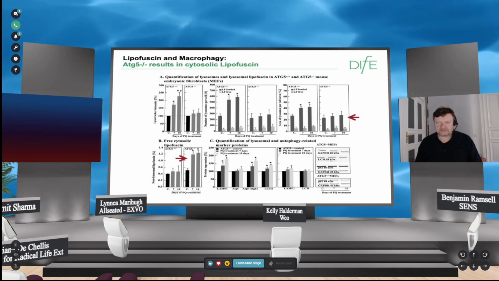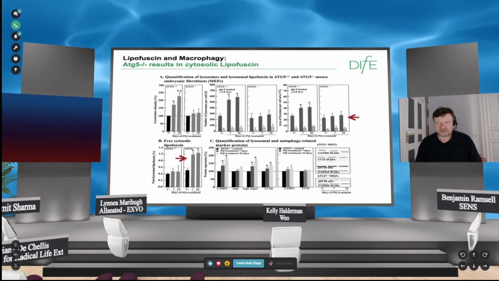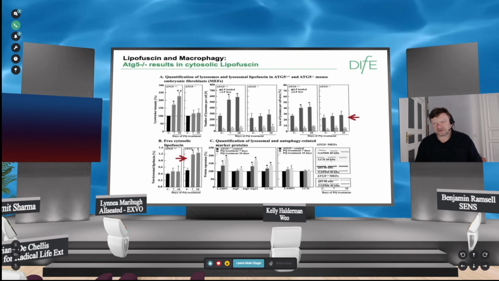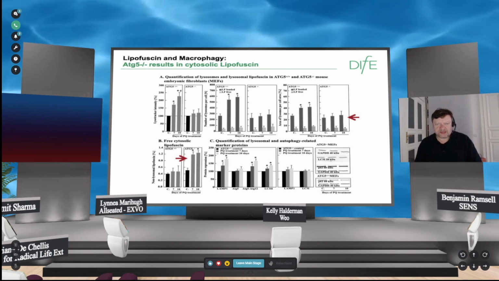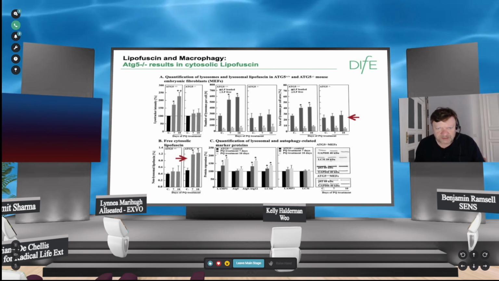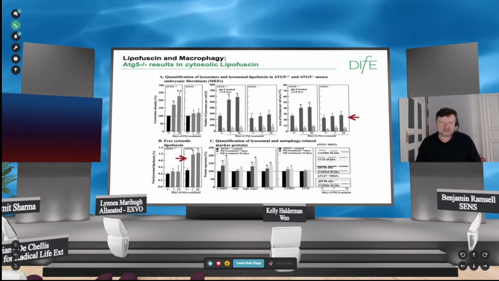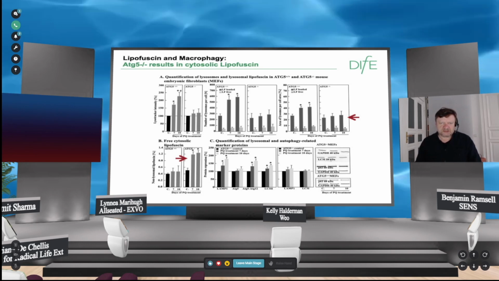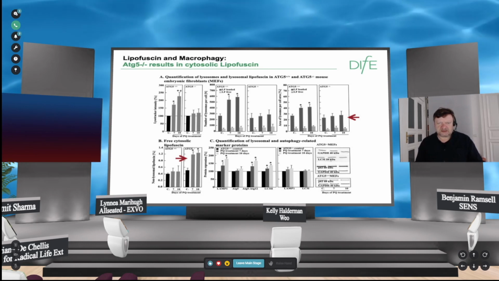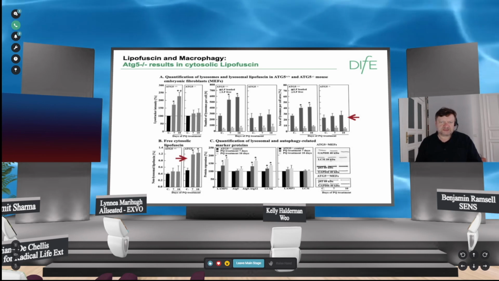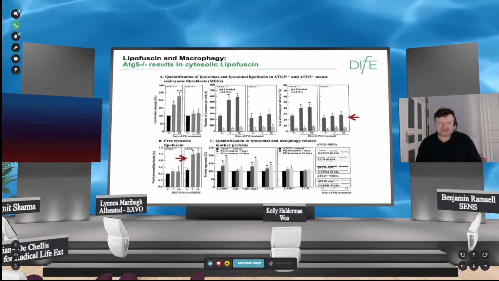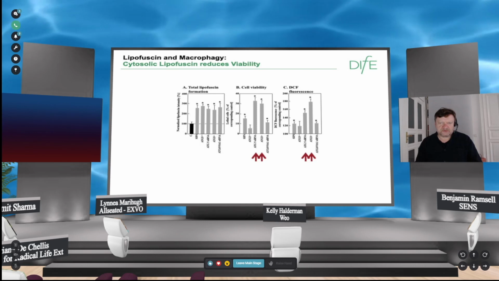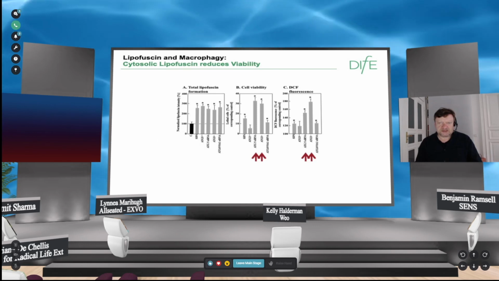That's the normal uptake here, and the red arrow shows that in the knockout animals it's not happening. And if you look at panel B, the first line, there's a red arrow. It shows that you have a lot of free cytosolic lipofuscin.